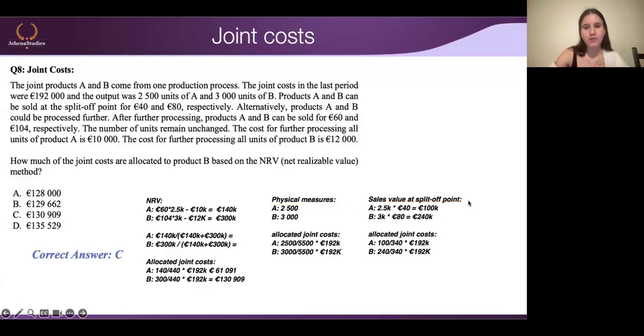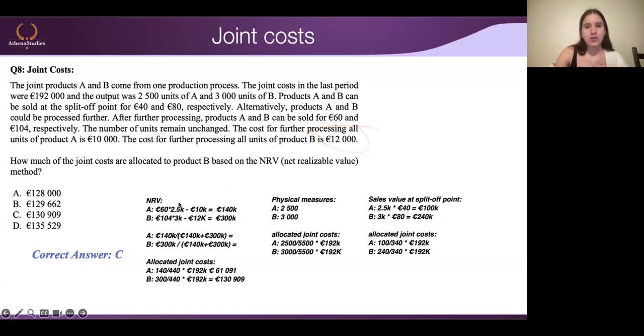The sales value at split off is just your number of units produced multiplied by the price right after the split off. Your NRV, on the other hand, also includes the separable cost, so it includes the 10,000 and the 12,000.